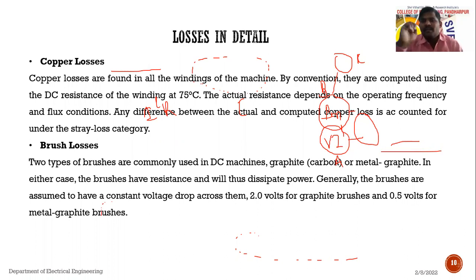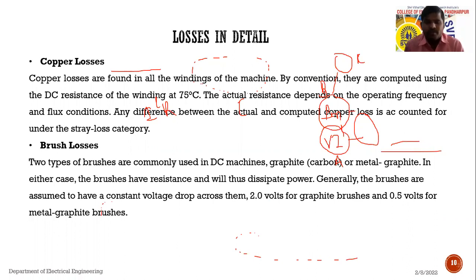Brushes have a constant voltage drop. Generally we can consider 2 volts for a graphite brush and 0.5 volt for a metal graphite brush.